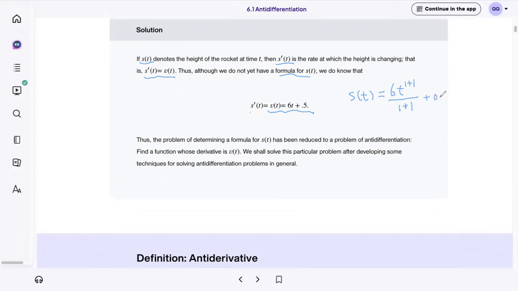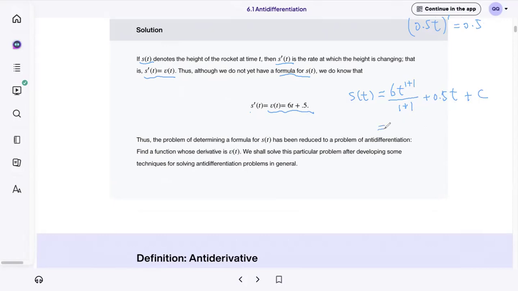Then plus 0.5t, right? When we differentiate 0.5t, we get 0.5, so for this one we just add t. Then plus some constant, because when we differentiate any constant, it becomes 0.